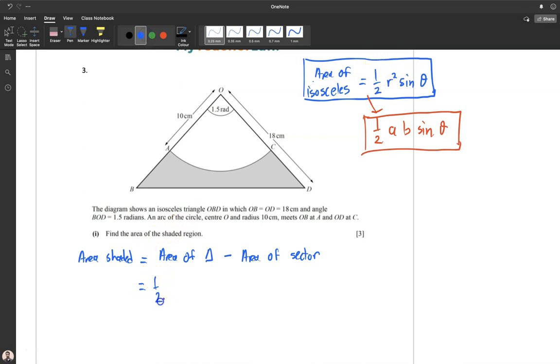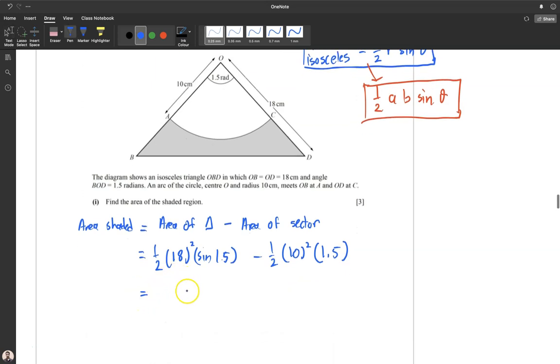So half, my triangle's leg is about 18, therefore 18 squared sine 1.5, minus the area of sector, which is half r squared theta, this is 10 squared, just theta. For the area of a sector you don't have a sine, just theta, which is 1.5.